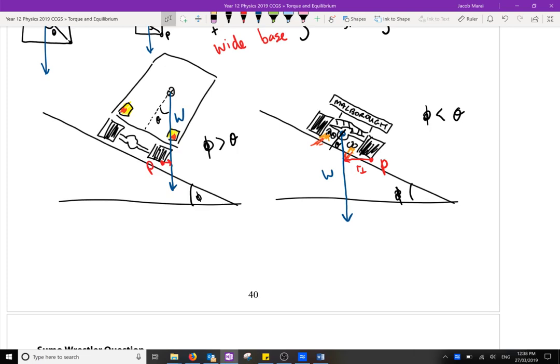Would you agree? Yes. All right. What is producing the clockwise torque about the pivot to maintain rotational equilibrium? The reaction. Of which wheel? The further up wheel. Yes. The wheel here is going to produce a reaction force.